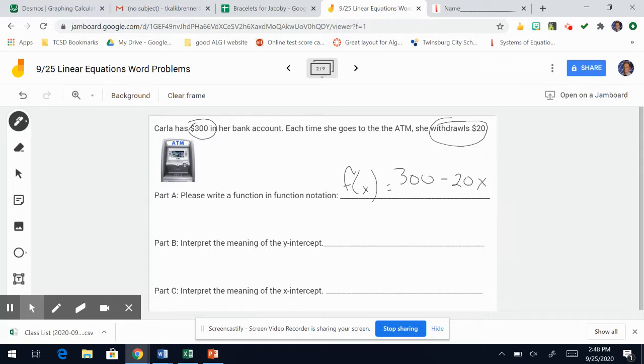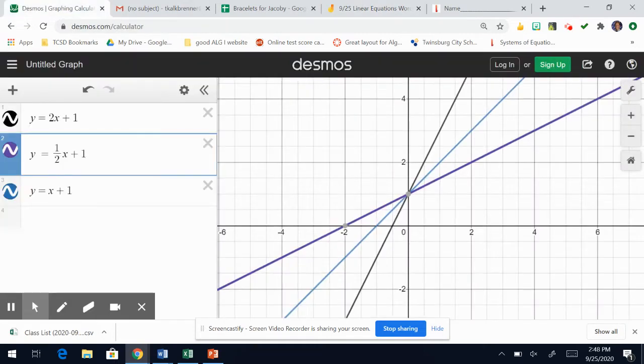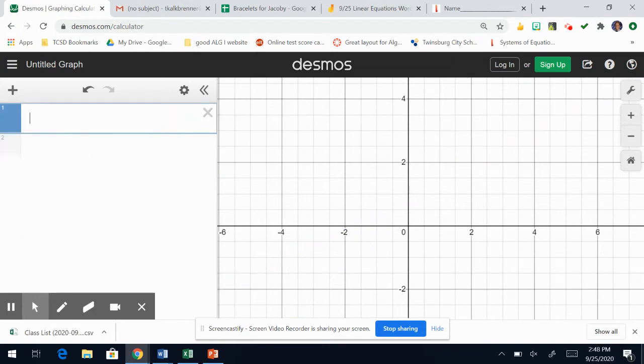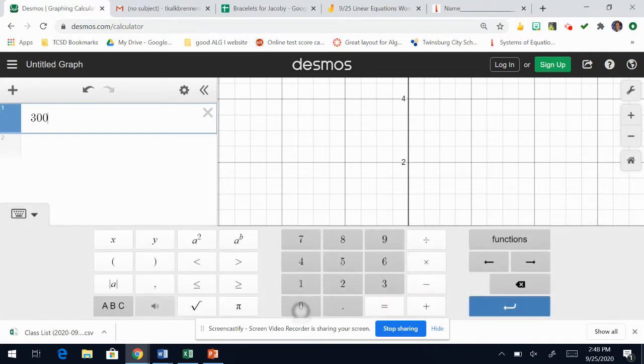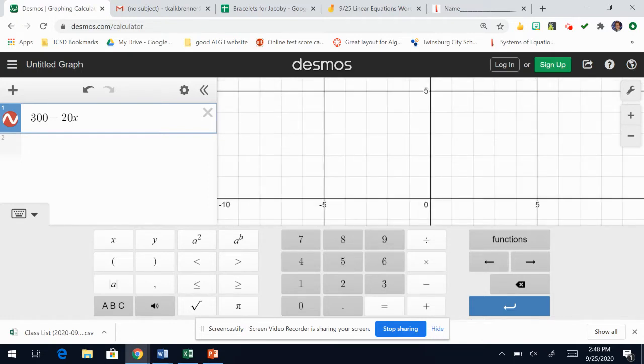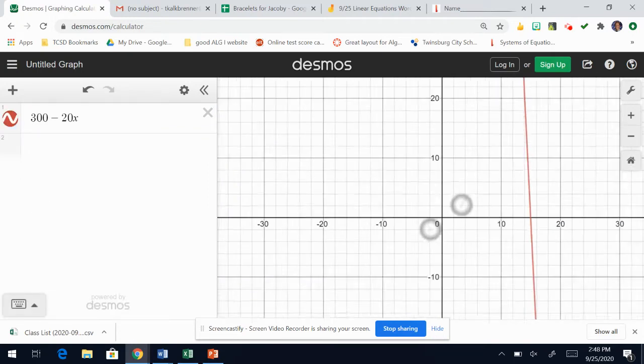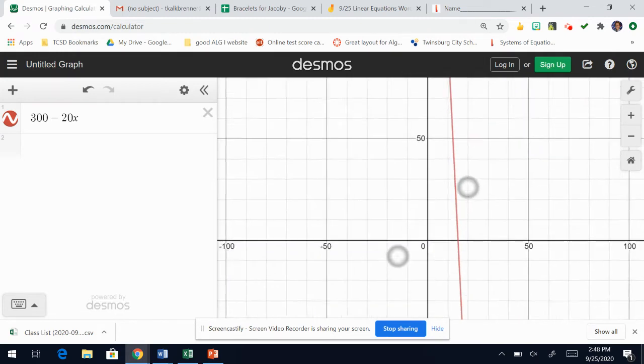So if I go to Desmos and I get rid of all those lines, I look at that and I say 300 minus 20x, and that's going to give me a line somewhere. Whoa, super high, right?